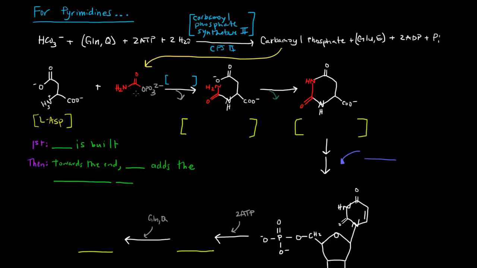Now, L-aspartate is going to join carbamyl phosphate and produce this molecule here, and this molecule is called N-carbamyl L-aspartate. So this phosphate over here hops off, and this carbamyl portion gets attached to the L-aspartate here.